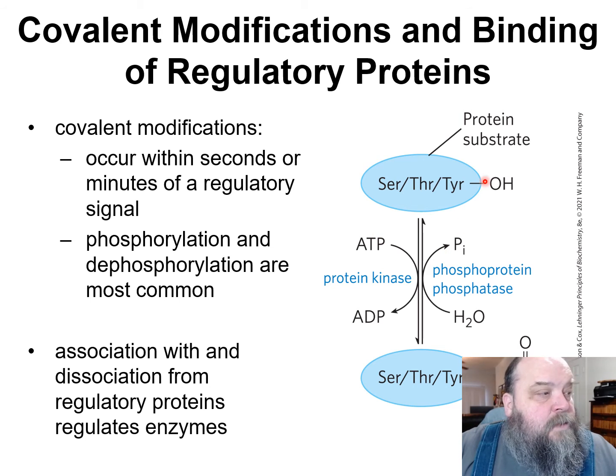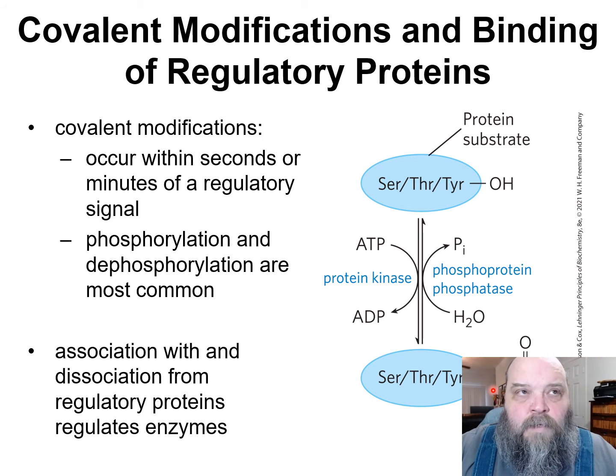And a lot of times, what we're going to see is this covalent modification that I talked about a couple slides ago, where I said add a group, subtract a group. Well, it's going to be phosphate, an inorganic phosphate from ATP.